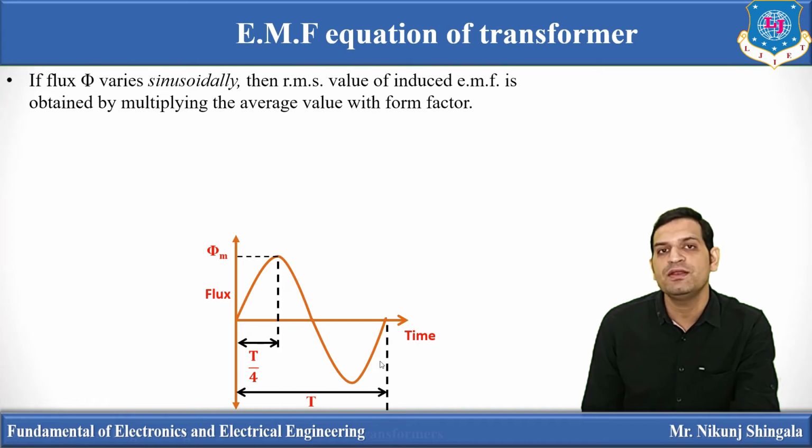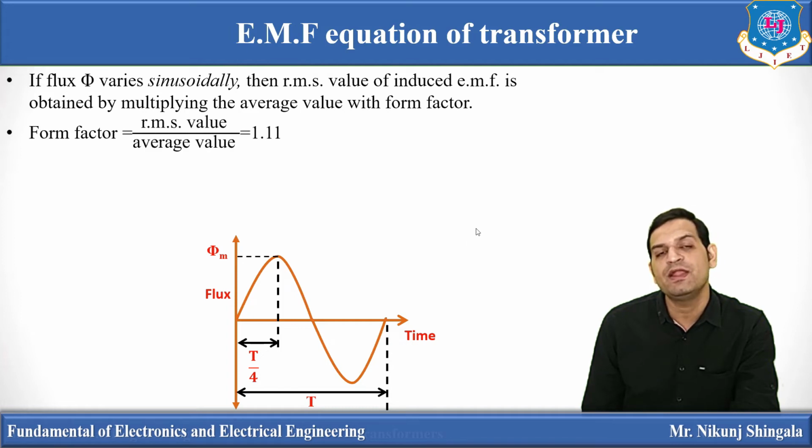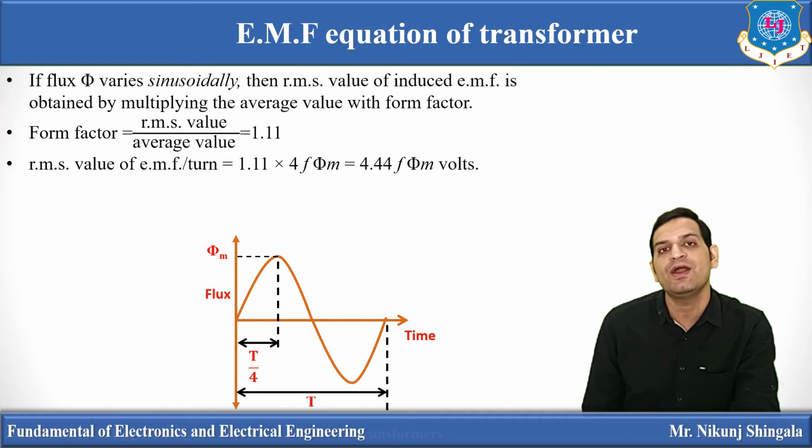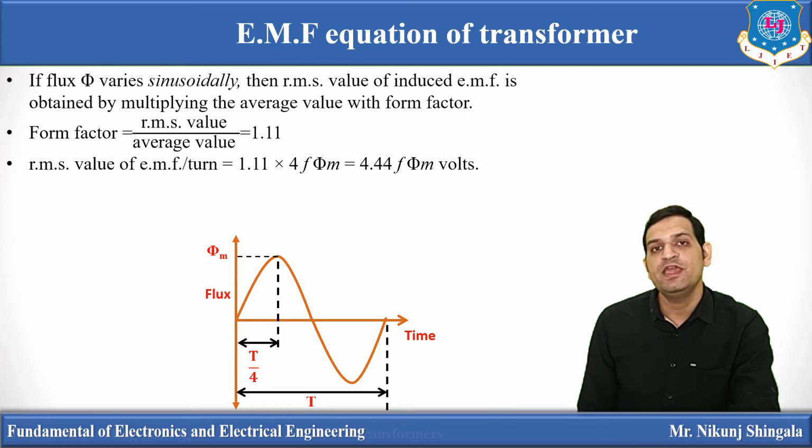For a sinusoidal waveform, form factor is the RMS value divided by the average value, which is 1.11. So the RMS value is 1.11 into the average value, and the average value for a quarter cycle of the flux is 4f phi m. So the RMS value of EMF per turn is 1.11 into 4f phi m, which is 4.44 f phi m.